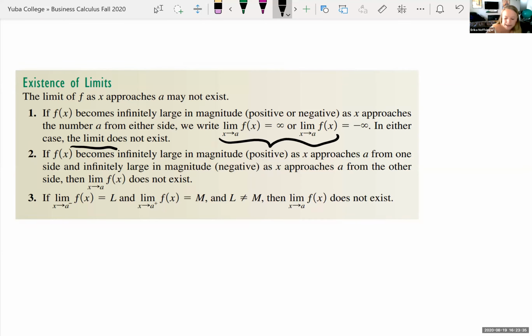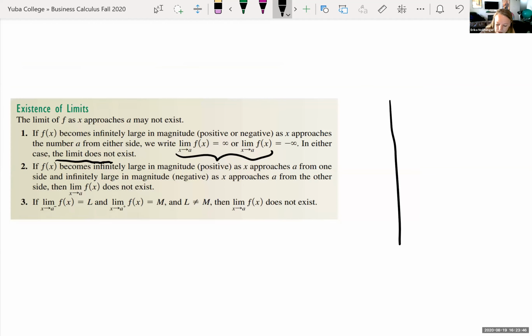We actually didn't look at a case like this. Let's look at what this is saying. x is approaching a single value a, so let me look at it graphically. Let's say this is x equals a. Technically on the graph there's going to be a vertical asymptote.